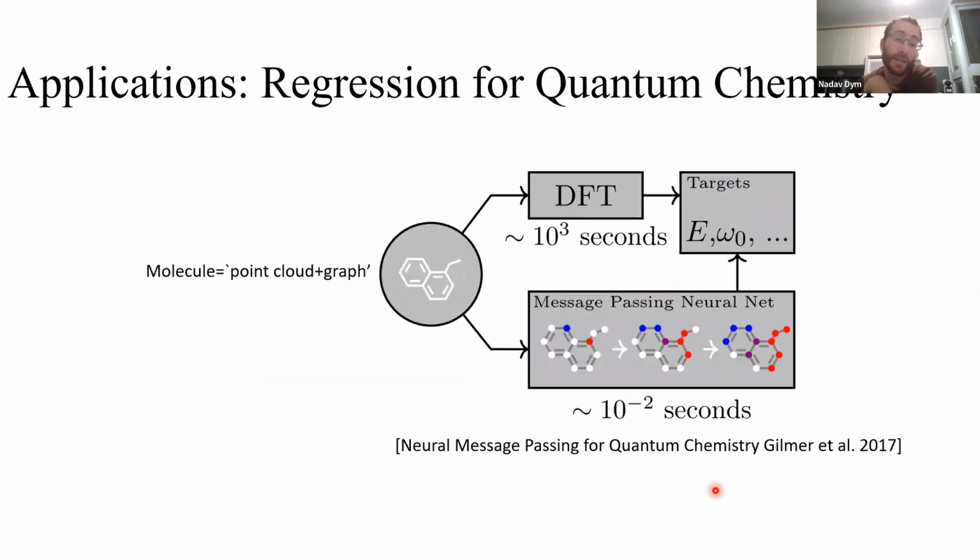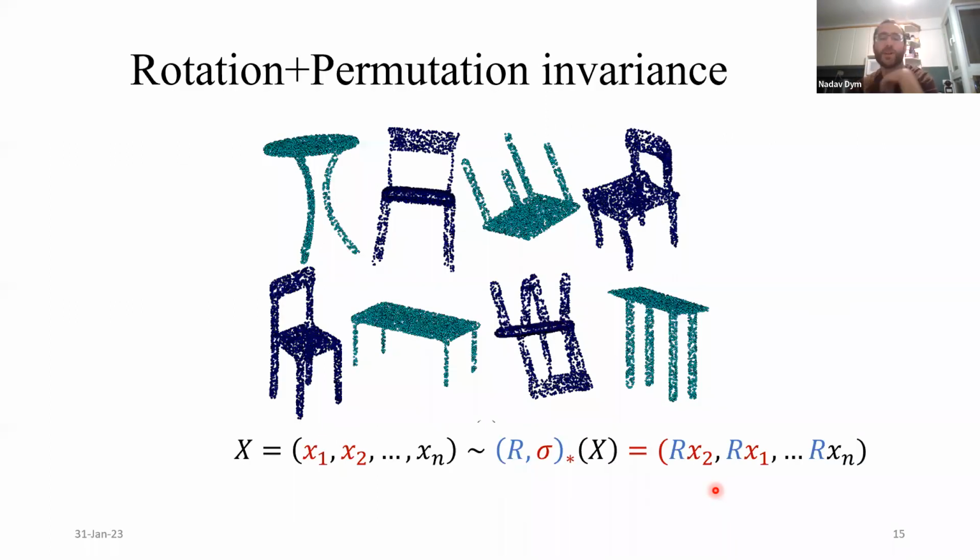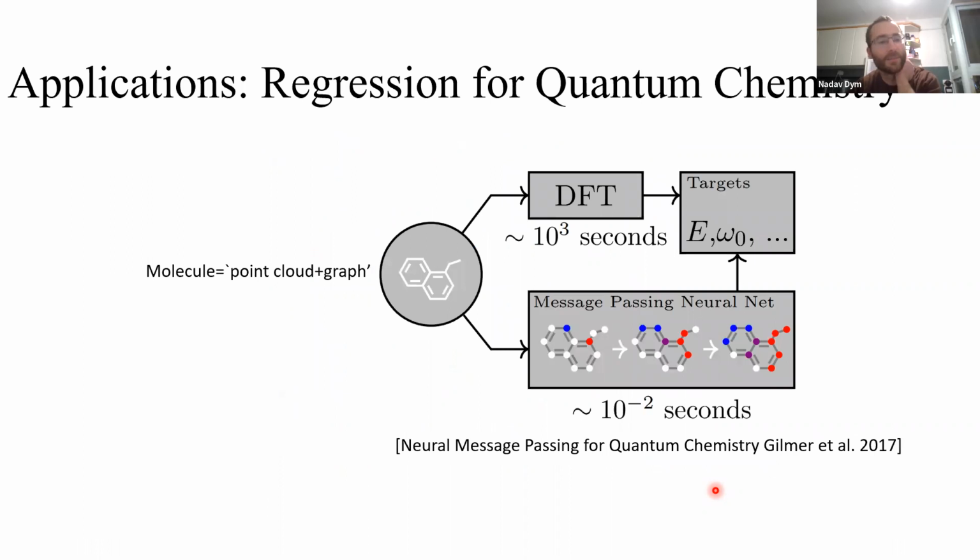This type of thing has several applications. We spoke about things like computer graphics and vision, or 3D models. There are also some nice scientific applications, for example a regression task in quantum chemistry. Molecules are essentially a point cloud, and there's usually also some graph type information, some sort of edge between atoms.